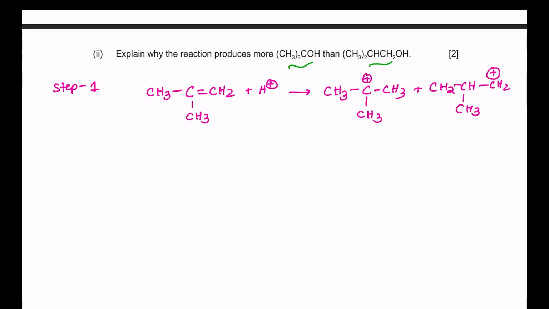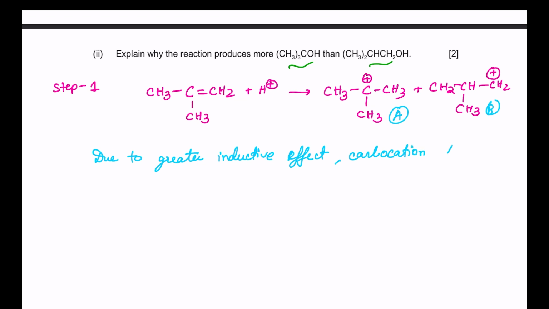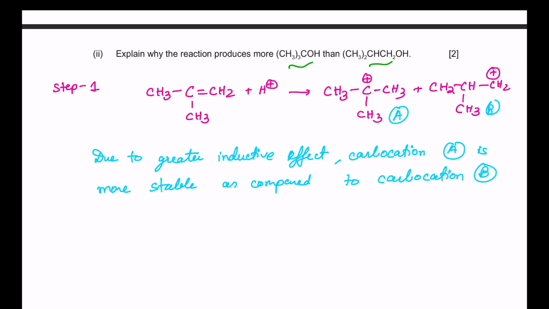Now we see that due to greater inductive effect, let's say this is carbocation A, this is carbocation B. Carbocation A is more stable as compared to carbocation B. Hence, in step 2, more of carbocation A is converted to products.